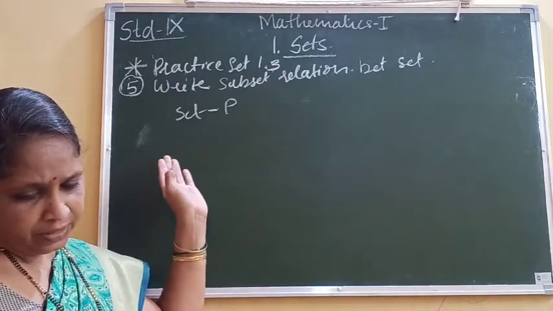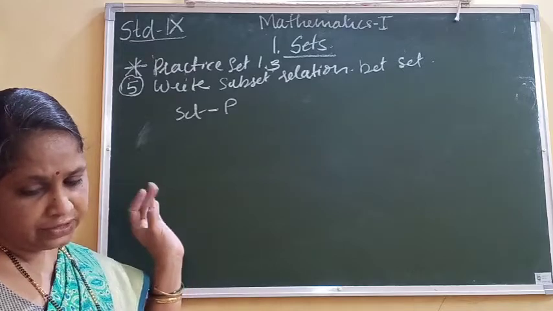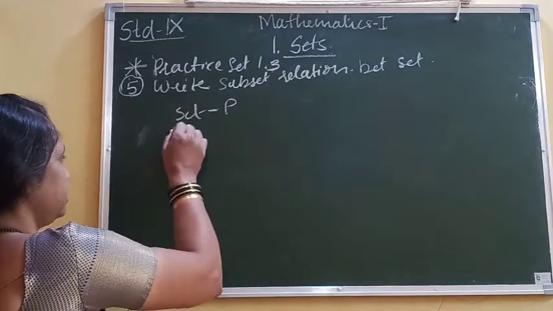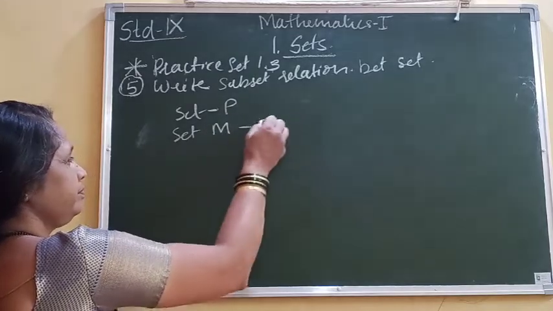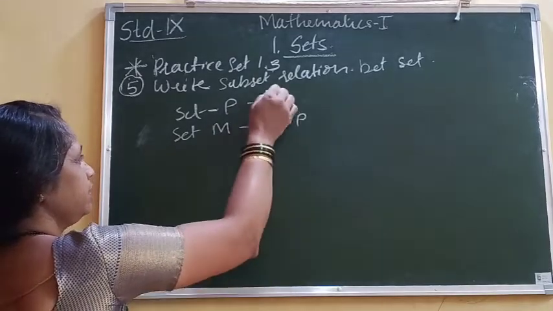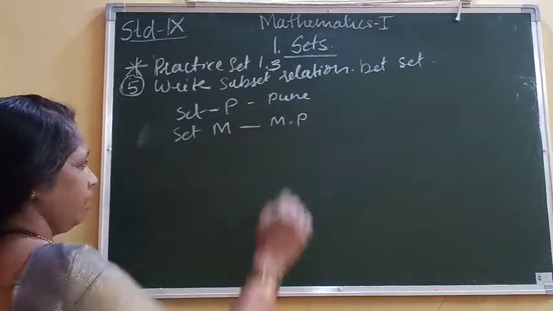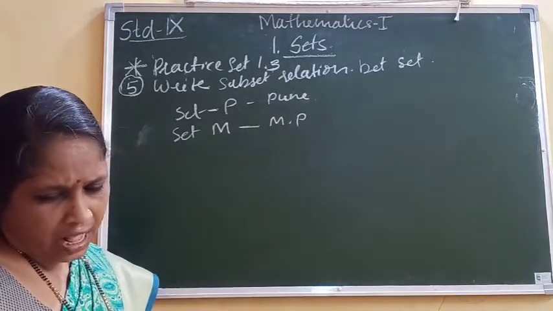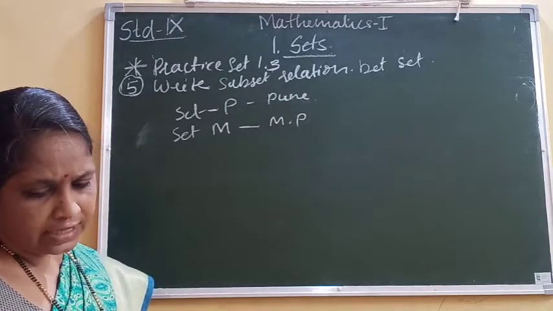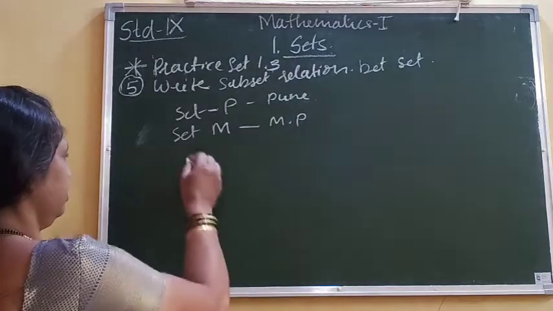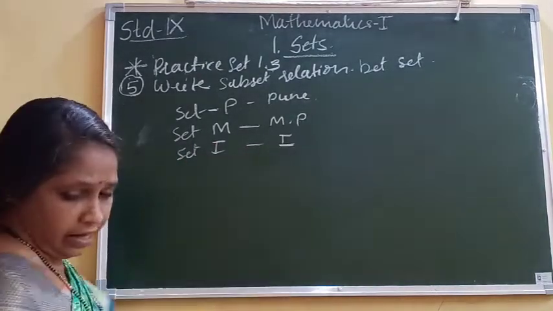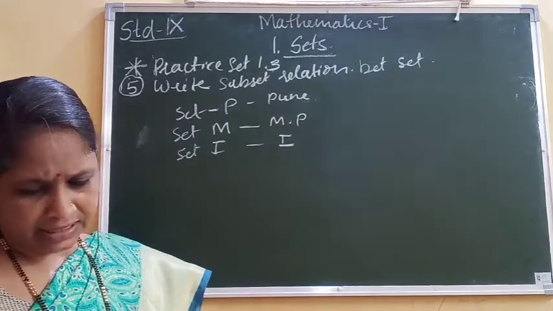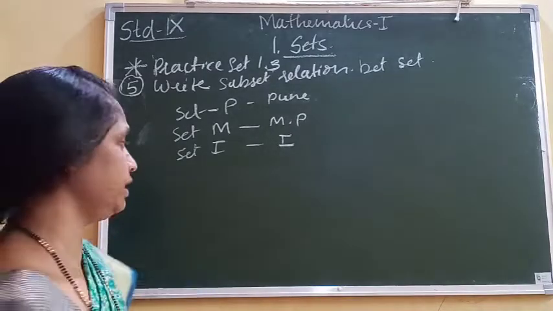And M is a set of residents in Madhya Pradesh. Set M represents Madhya Pradesh. And next, I is the set of all residents in Indore. And B is a set of all residents in India.